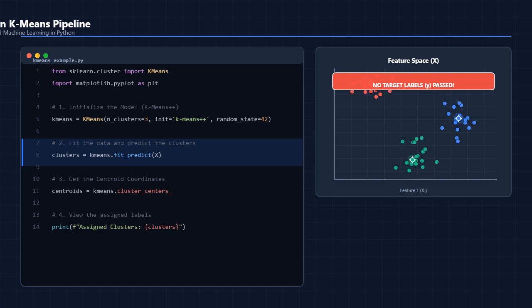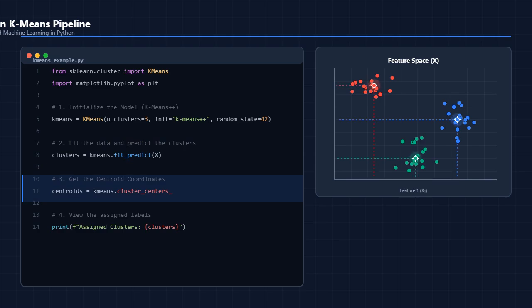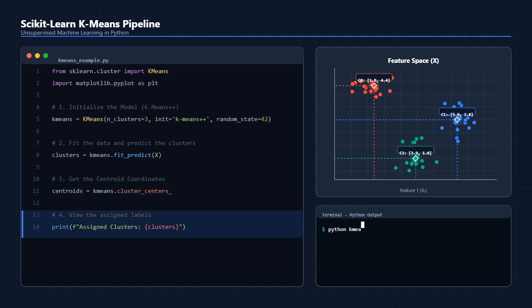Next, we call .fit_predict and pass in our data, X. Notice something very important here, there is no y_train. Because this is unsupervised learning, there are no answers to give it. We only pass the raw data features. Finally, we can extract the exact coordinates of the calculated centers using .cluster_centers_. In just a few lines of code, you have unlocked the power of unsupervised machine learning.